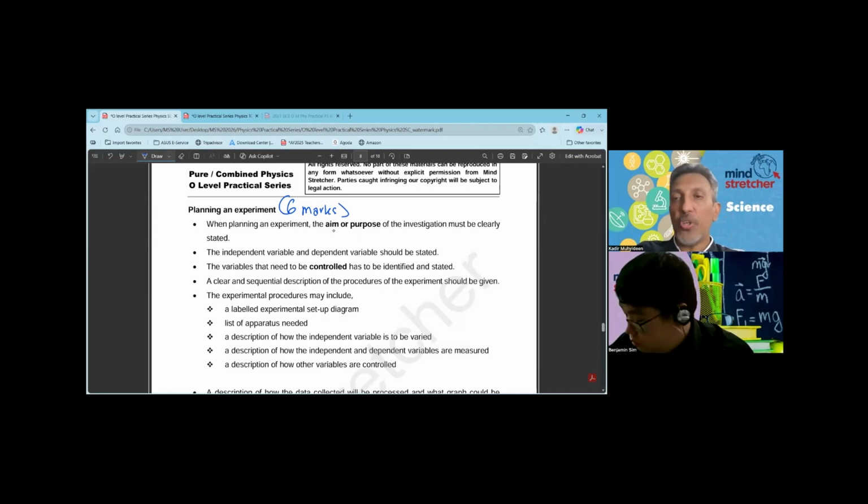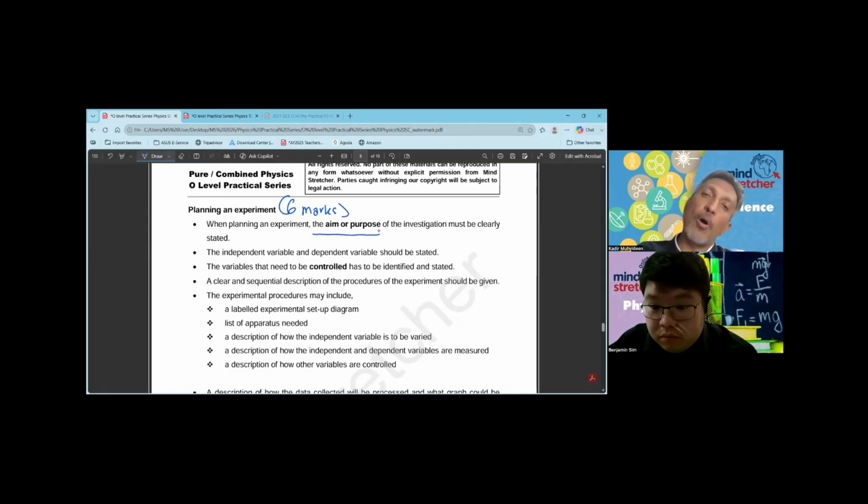The question will tell you what you need to do. You need to be very clear about the aim or purpose of the investigation. Because if the aim or purpose of the investigation, when you plan your experiment, is wrong, then whatever you write will be out of point. It's like asking you to write an essay or composition.